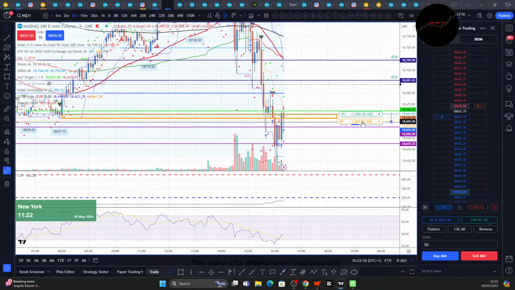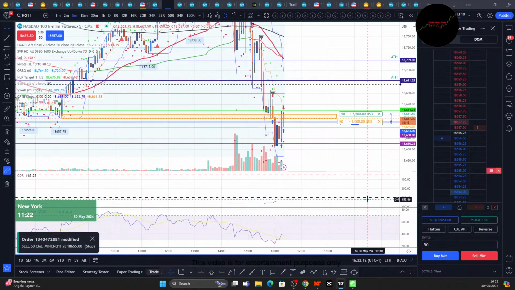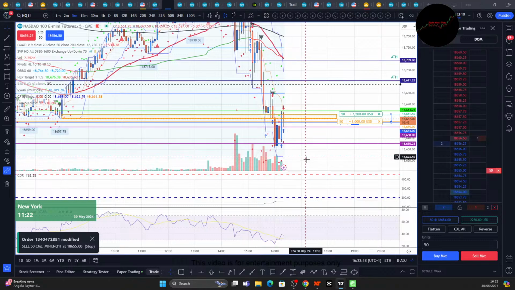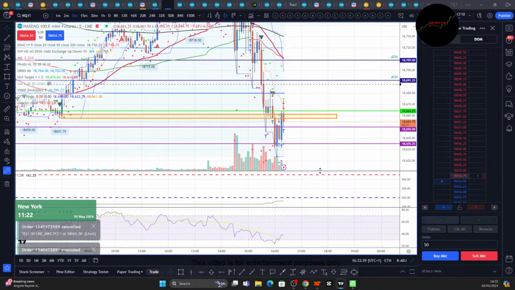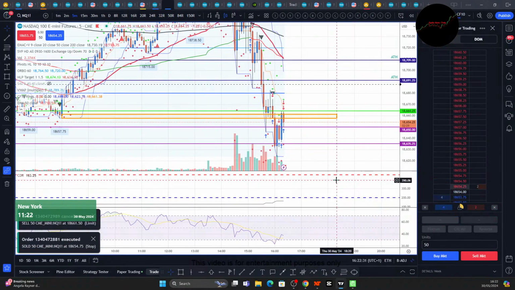I'm going to adjust the break even here because the risk reward is pretty bad. I didn't even realize it was that bad. Probably should wait for it to sell off more. Yeah. It's another break-even trade.